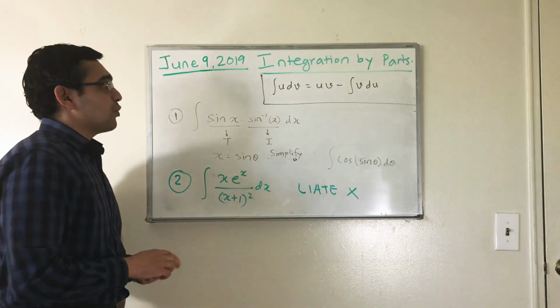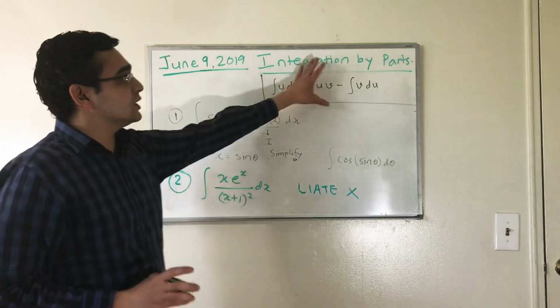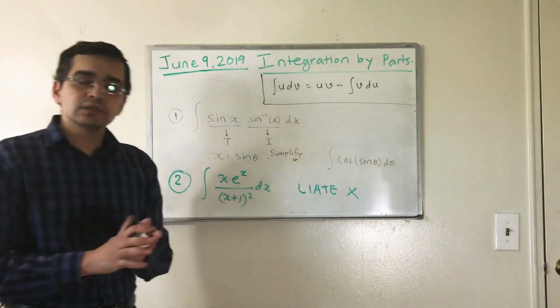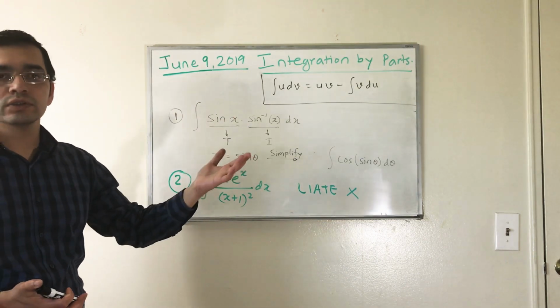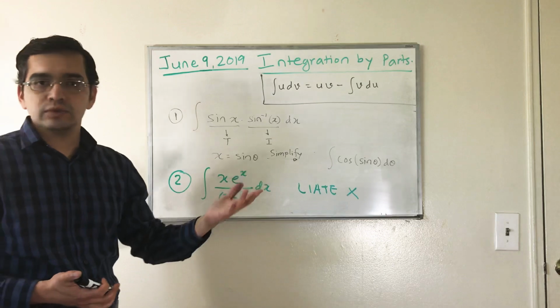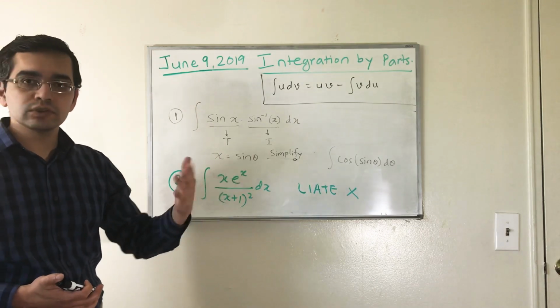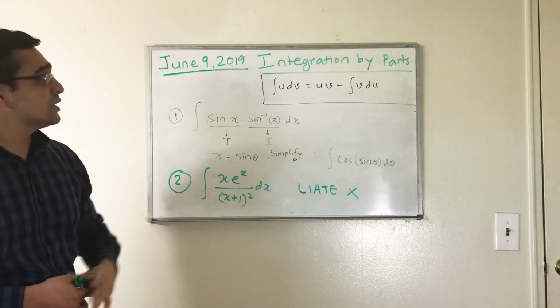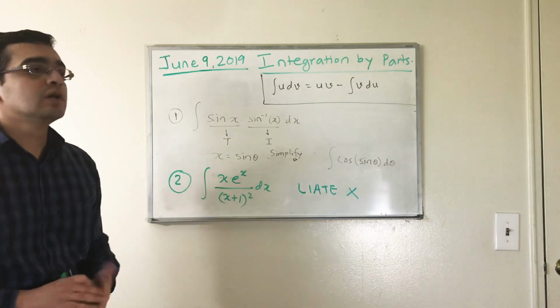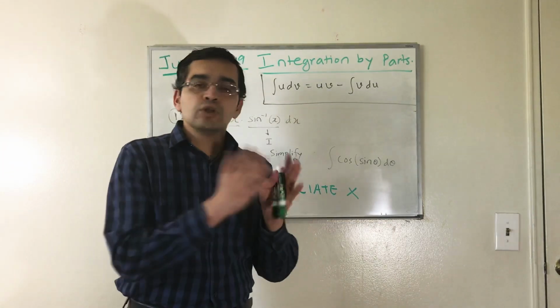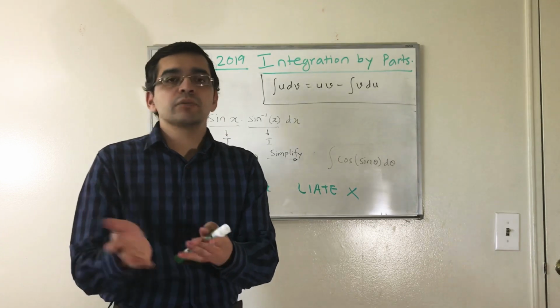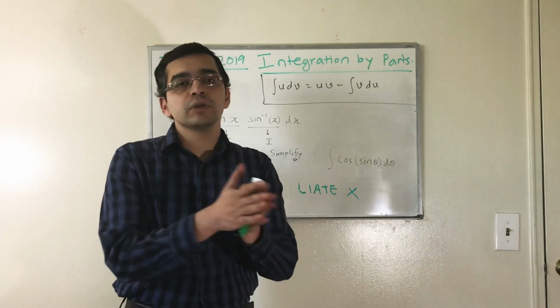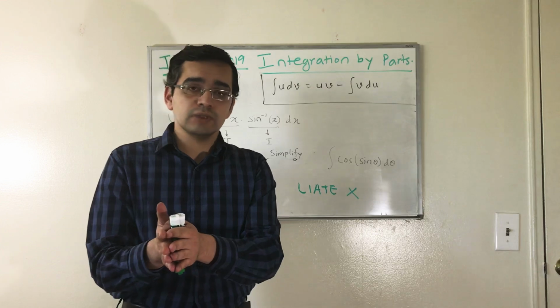So the point is, this is a technique which works in many cases when you have two elementary functions of different types. The LIATE rule works very well if you have a polynomial multiplied with, say, a trigonometric function, or a polynomial multiplied with an exponential function, for example.